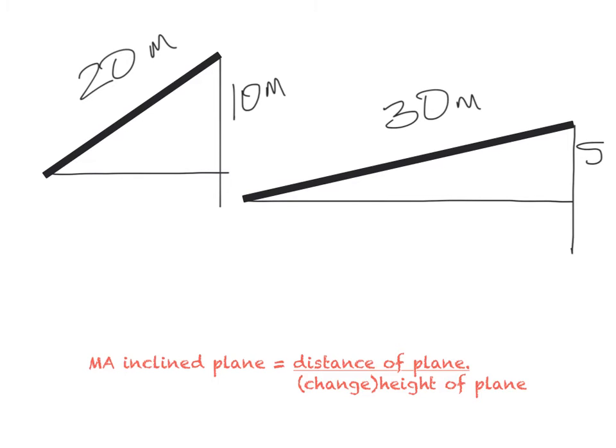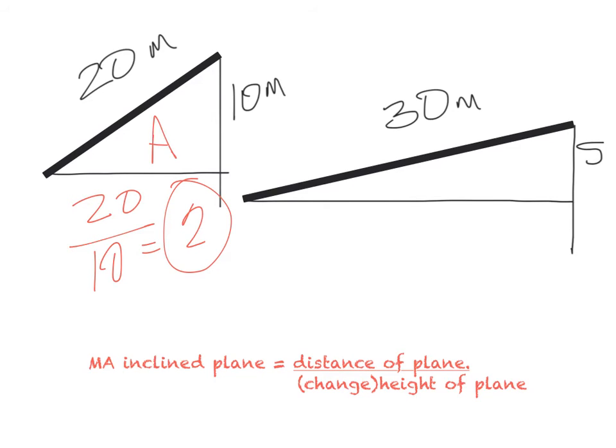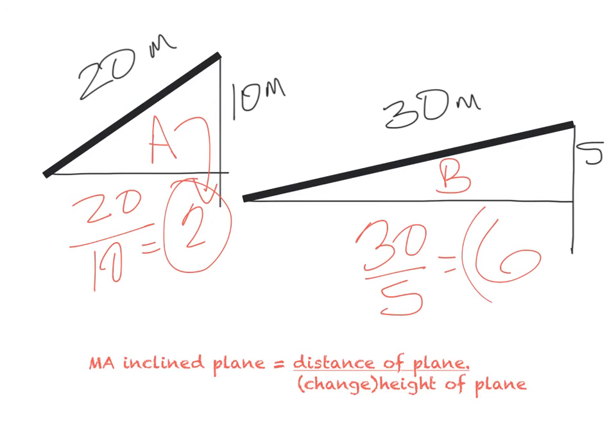Okay, let's do the math. 20 over 10 equals 2. That means the mechanical advantage of plane A is 2. For plane B, we do the same math, 30 over 5. We see that the mechanical advantage for this plane is actually 6, which has the greater mechanical advantage.